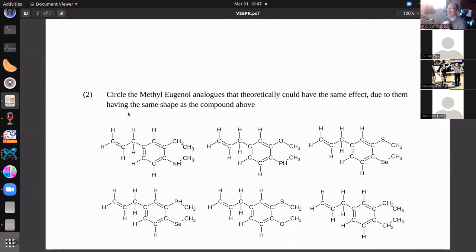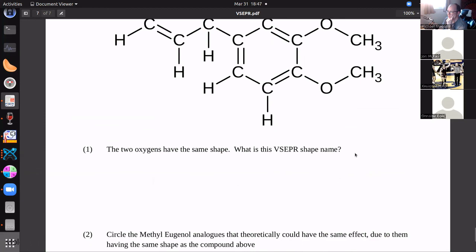So the last thing we have here says circle the methyl eugenol analogs that theoretically could have the same effect due to them having the same shape as the compound above. So we're replacing the oxygen in each one of these. What do you guys think would be the best one to replace it with?